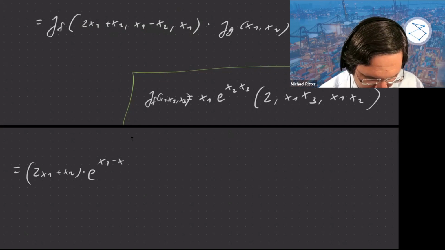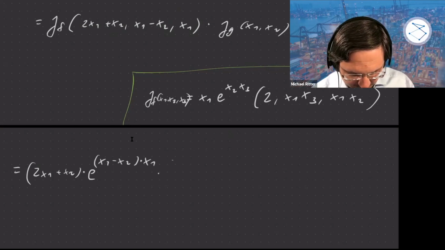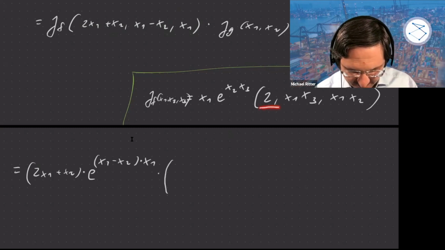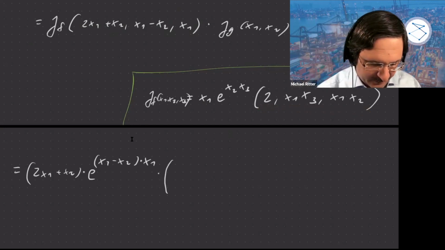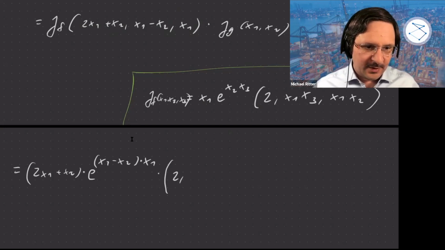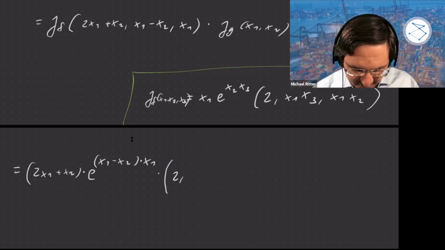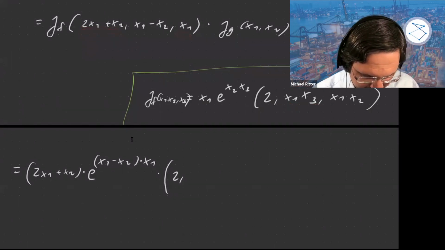So x1 minus x2 times x1, times, now we get that matrix here, it's a 1 by 3 matrix. 2 is, of course, a constant again. Then we have x1, x3, so that means this multiplied by this.